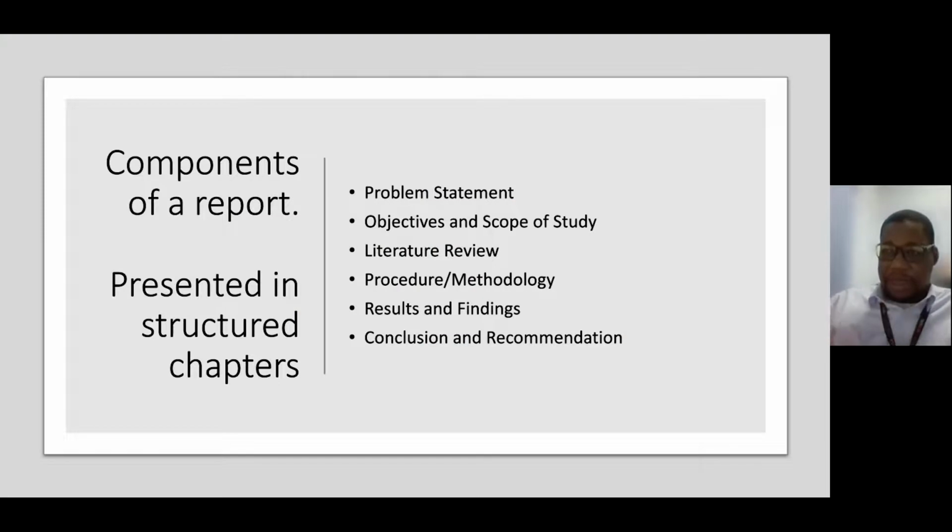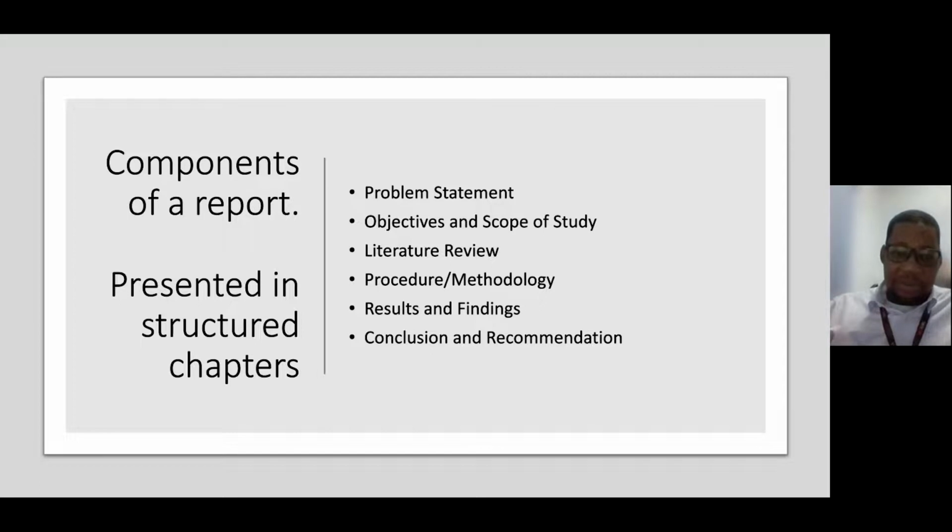So as we are developing our reports, either our FYP1 report or FYP2 report, which is the whole thesis for your final year project, there are some components which we need to pay specific attention to.